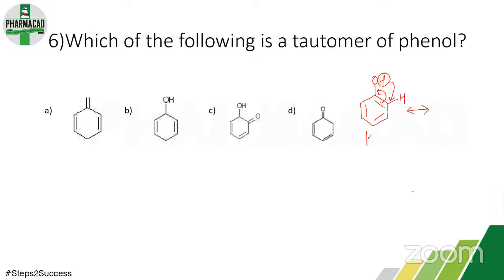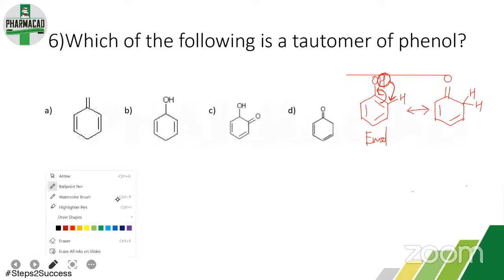This one is the enol form. So from tautomerization, we will get the ketone form. That is, here are 2 hydrogens, because this hydrogen gets shifted onto this carbon atom and this bond gets shifted, so this will become a double bond O, and these are 2 double bonds.